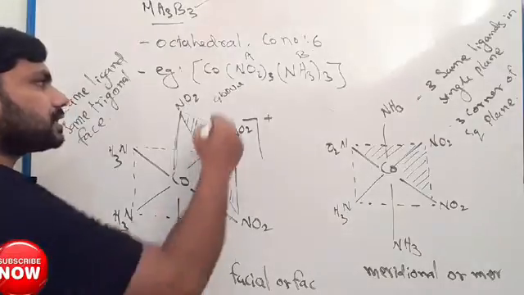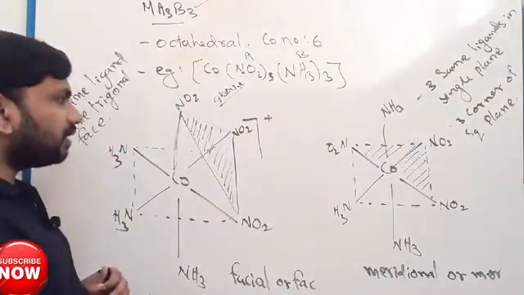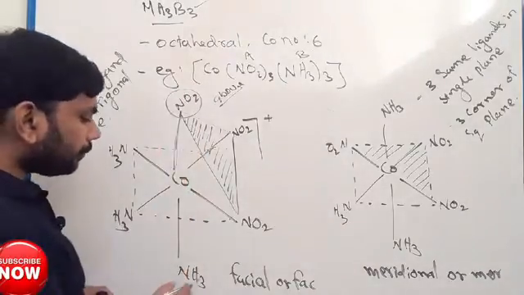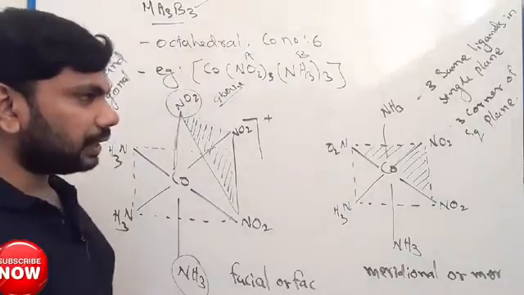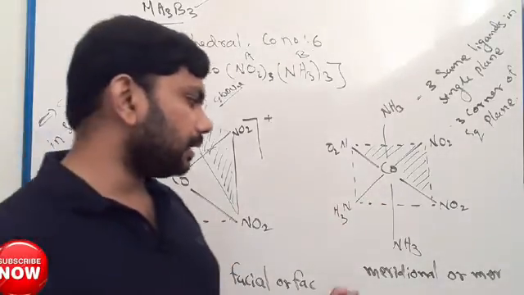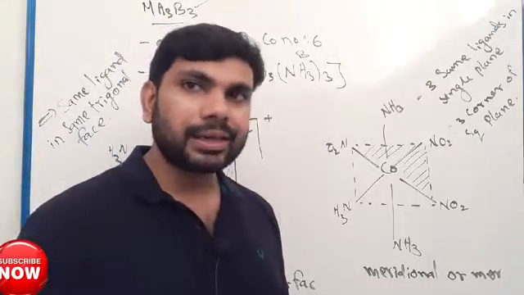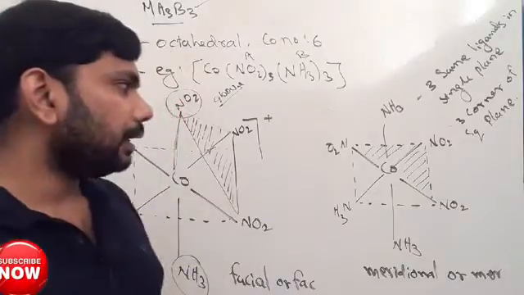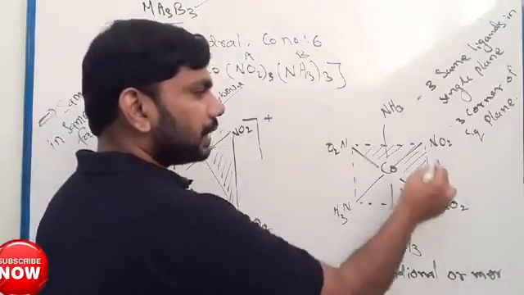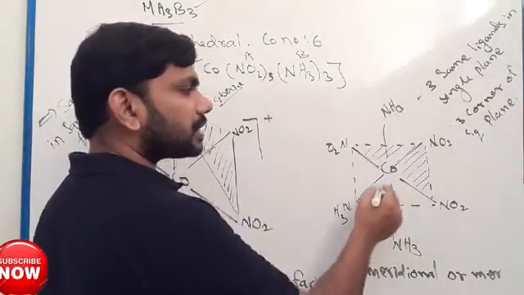Look here, this is above the plane and this is below the plane, and there are different types of ligands. Here it is NO2 and here it is NH3. And see here, this is another isomer. It is called the Meridional isomer, or Mer isomer. Here the same type of ligands are coming on each corner of a square plane.